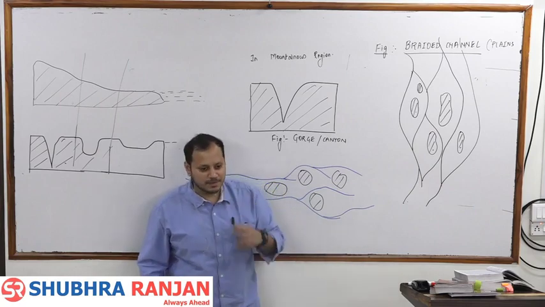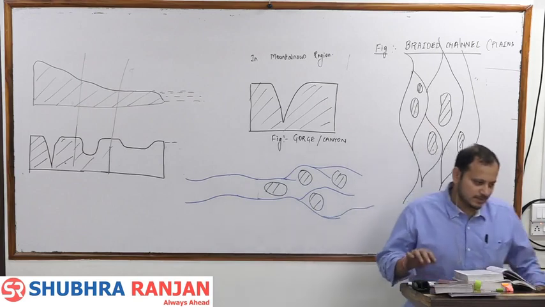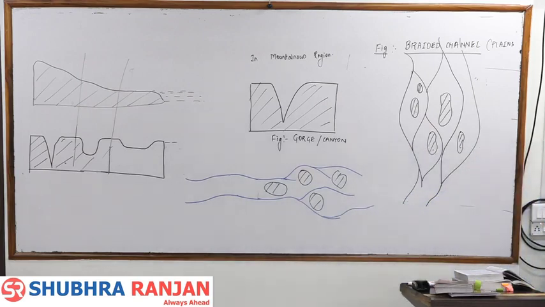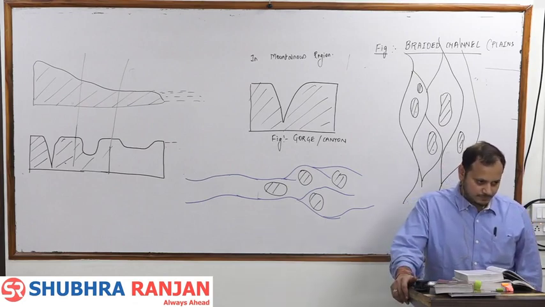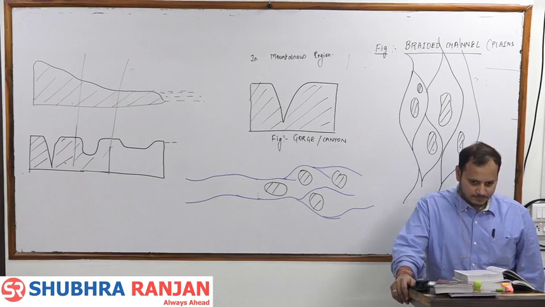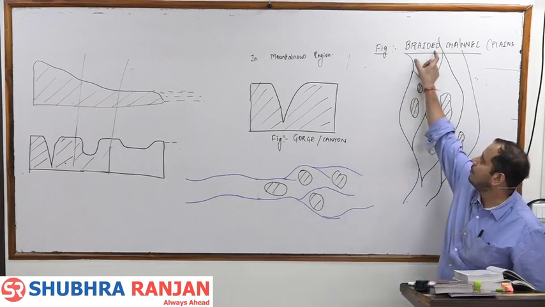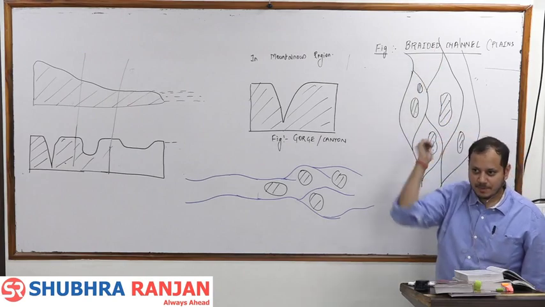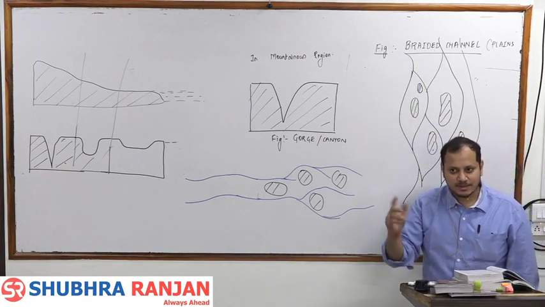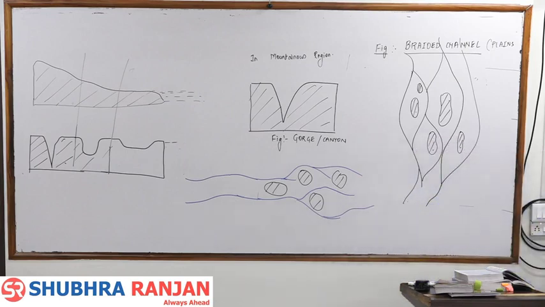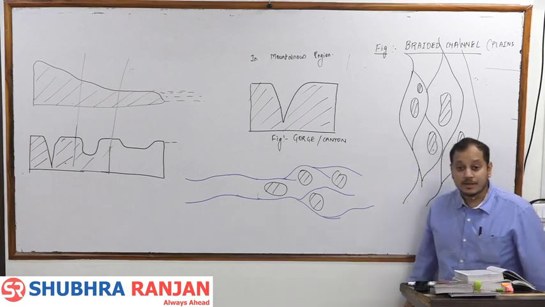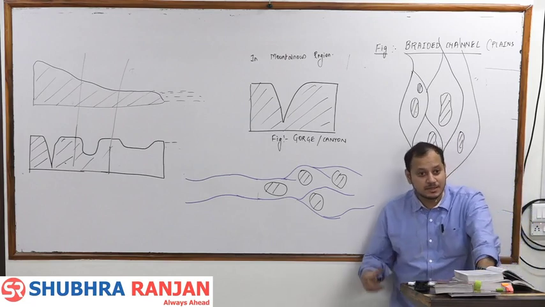This is an example of a braided channel. Braid, like a choti, is always intertwined. So a braided channel is always mixed. That is why Bogibeel Bridge was such a major construction.